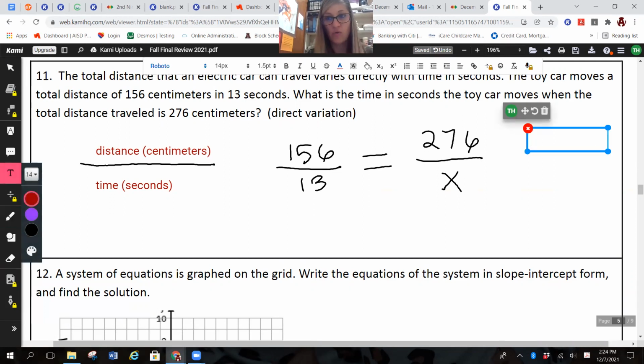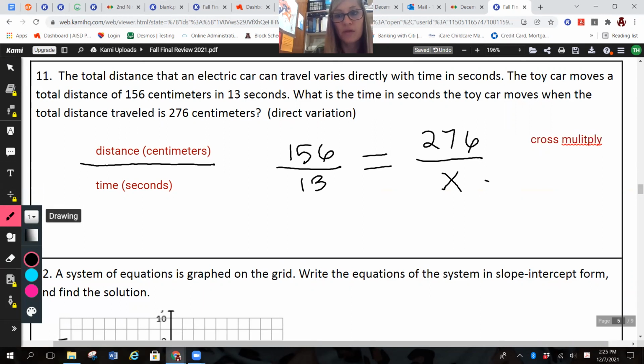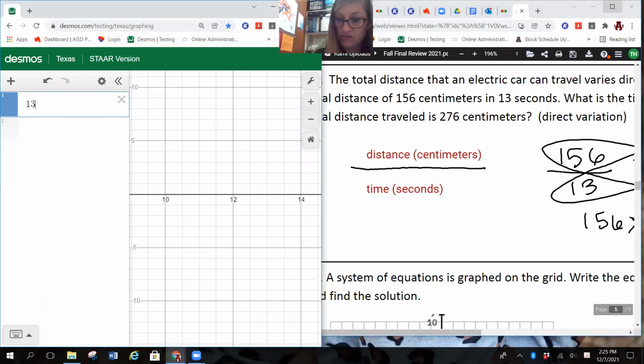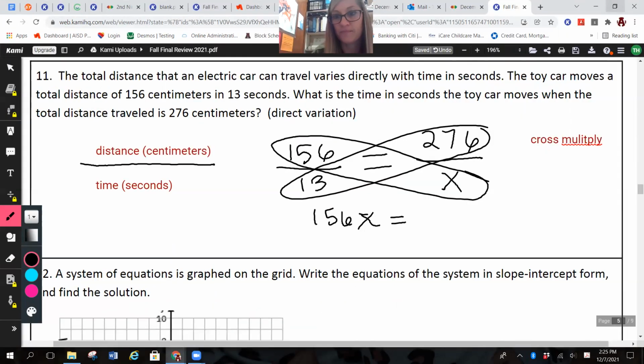So again, we're going to cross multiply. Here we go. 156 times x is 156x. 13 times 276 is 3588.